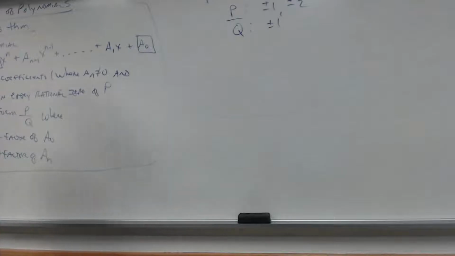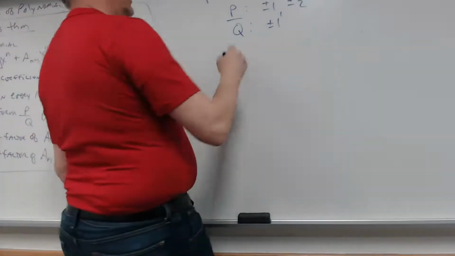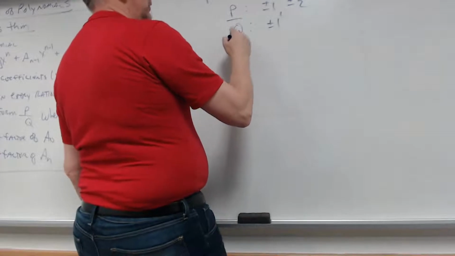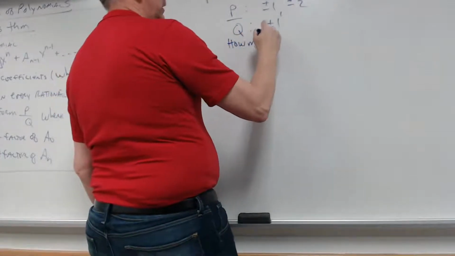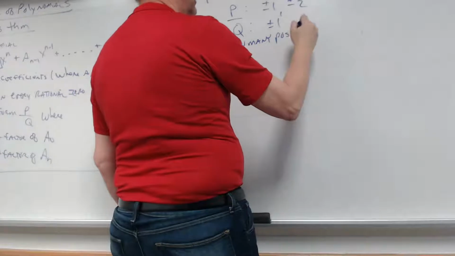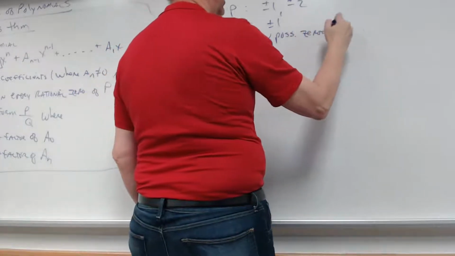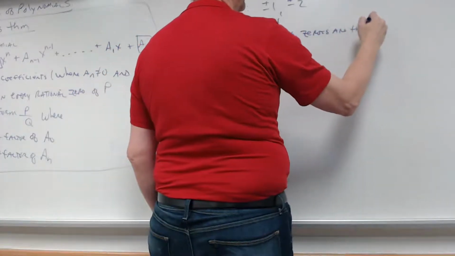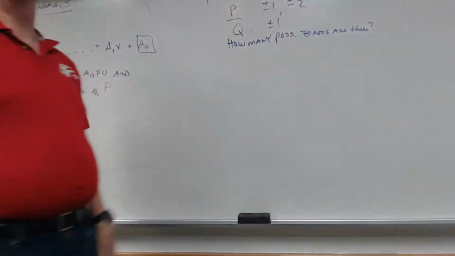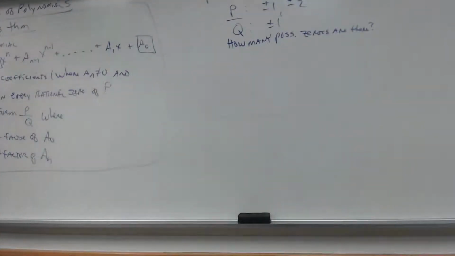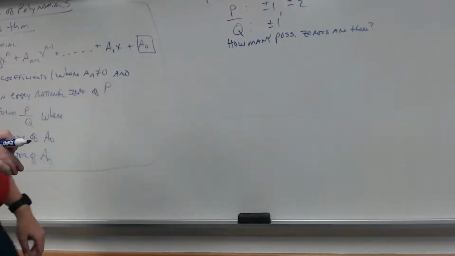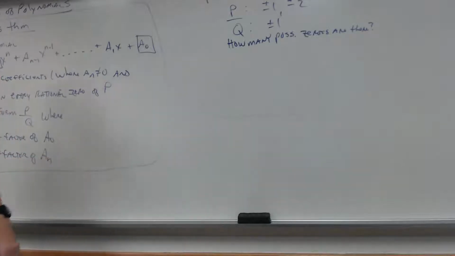Okay. So Nathan, let me ask you a question here. How many possible zeros are there for this problem here? 3. How did you come up with 3? Wild guess. Well, actually, the right answer. You're a good guesser.